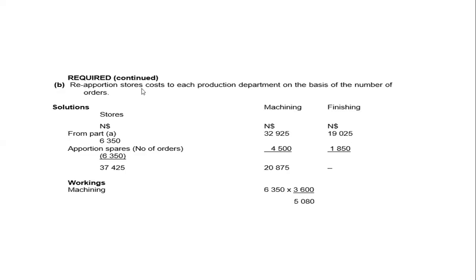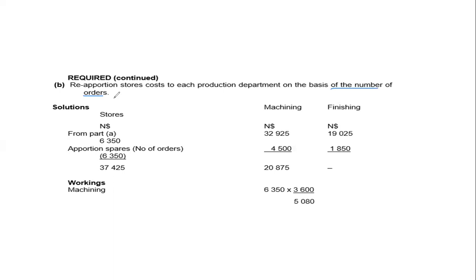We must reapportion stock cost, which is the service department, to each production department, which is the machining and the finishing department, on the basis of the number of orders. We must bear that in mind, and you will always be told on which basis you must reapportion the service department into the production department.